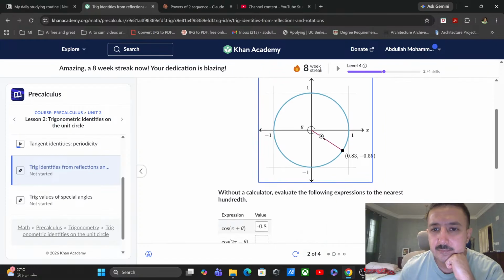In radians. This is the theta. So if we go full pi plus theta, it's gonna go over how many quarters? 1, 2, 3, 4.